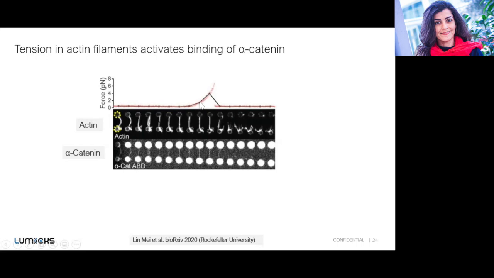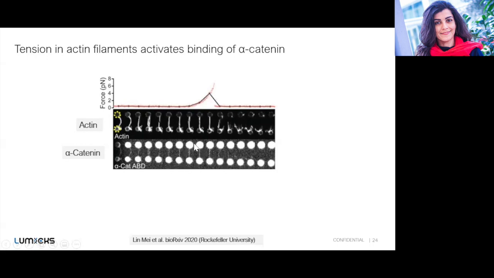And at this point, the actin filament starts to feel the resisting force, and the force increases, and at some point the filament breaks.